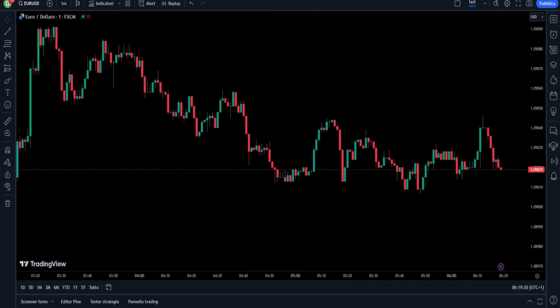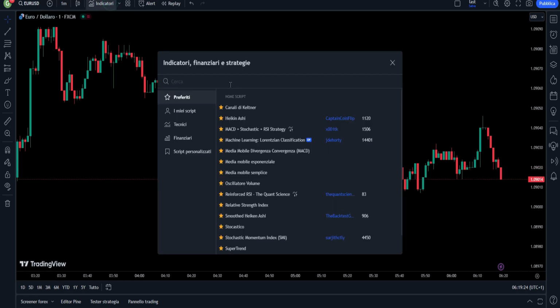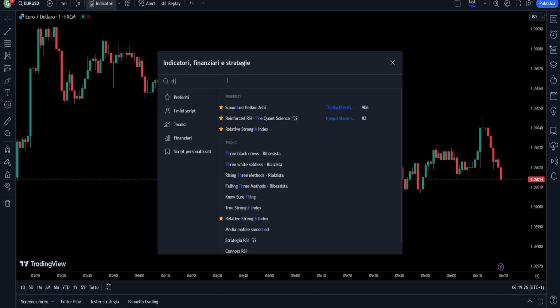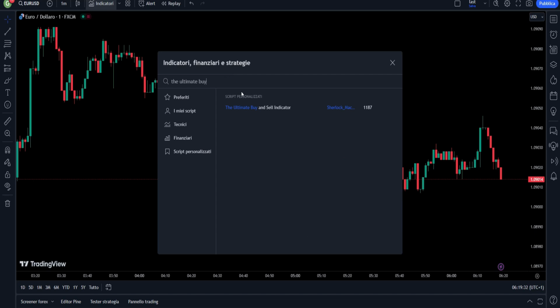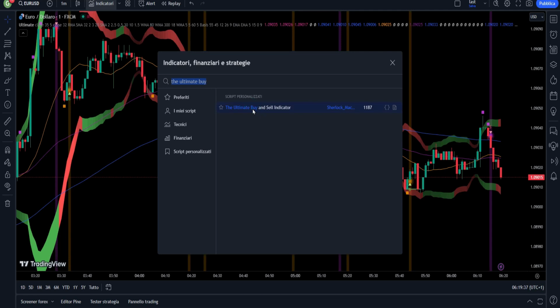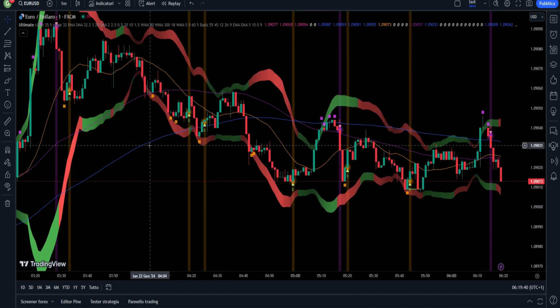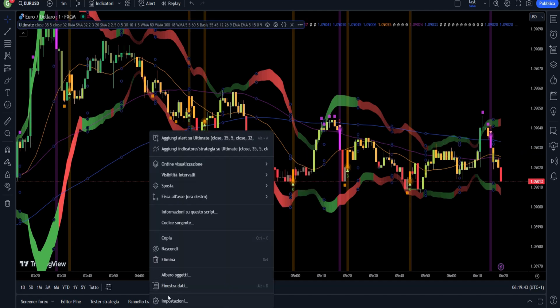Another example. We insert 2 indicators that we will need for a new strategy. We also customize the parameters.